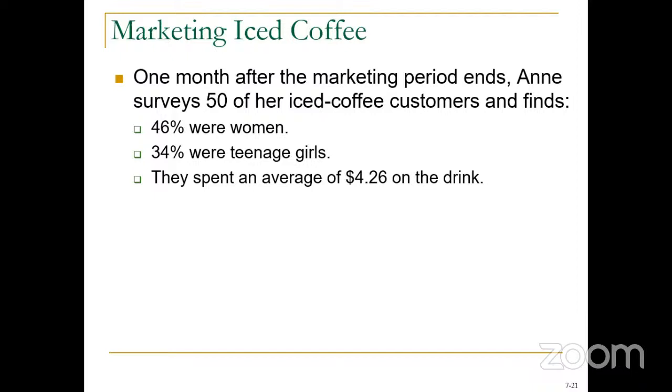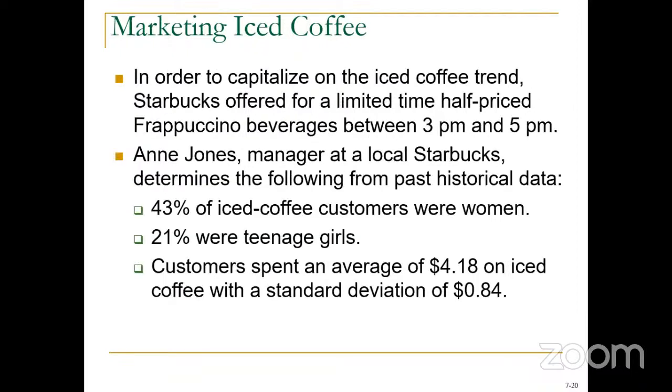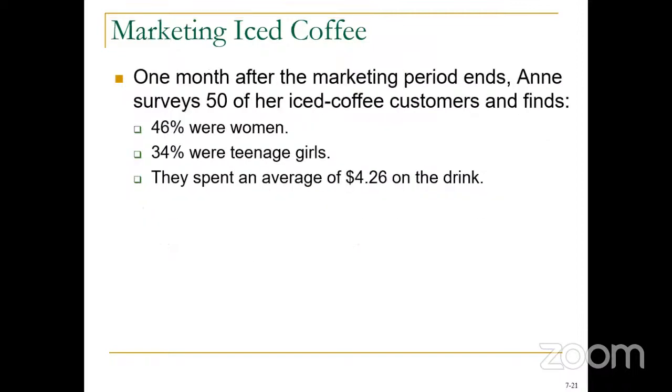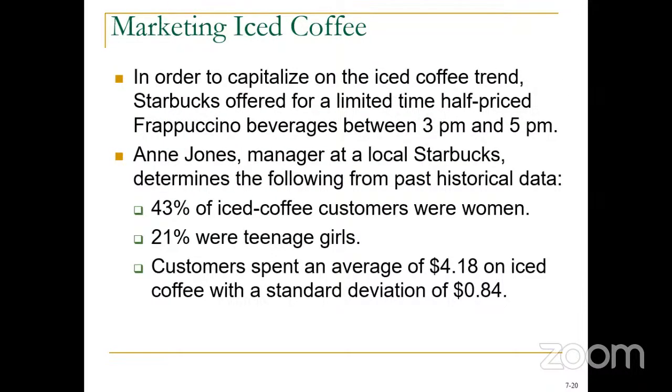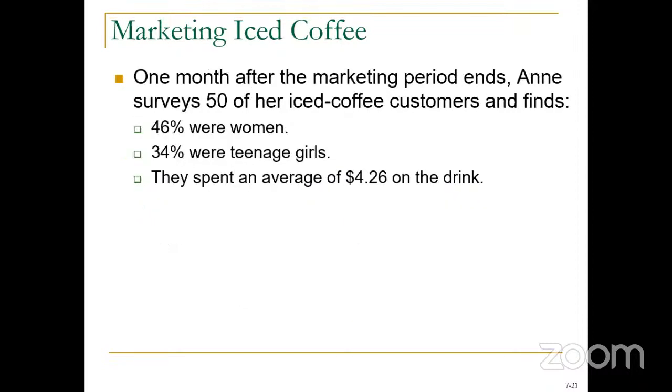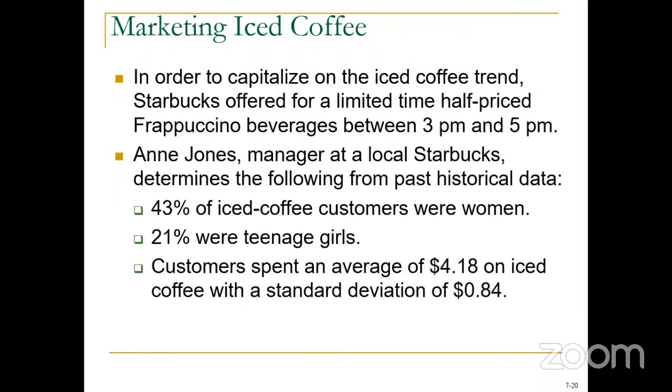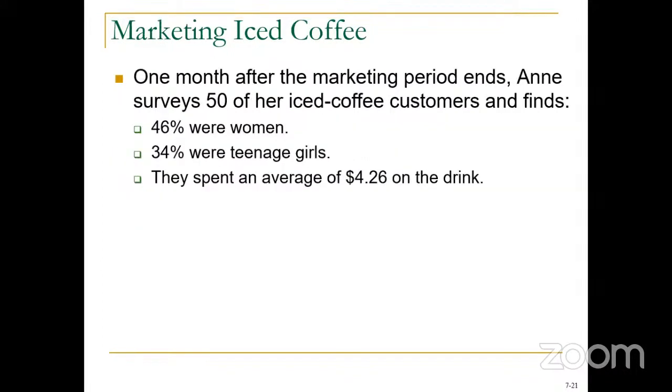So look at this difference. The past data says 43% of customers were women; in the sample it is 46%. 21% were teenage girls in the past data, 34% in the sample, and the average spend was $4.18 from the past data, and $4.26 is the current sample data.